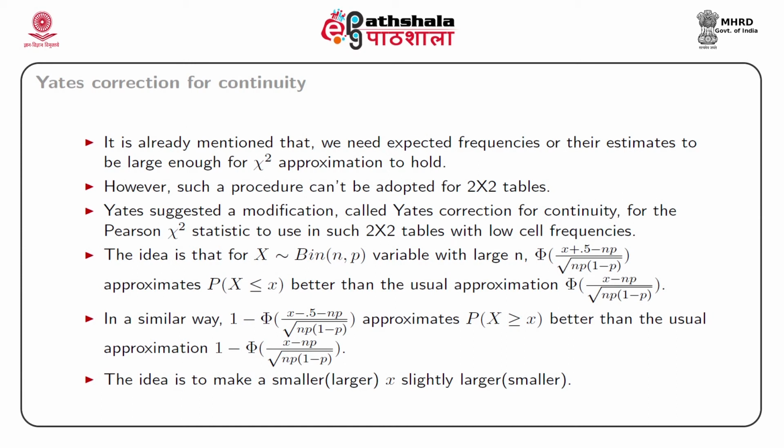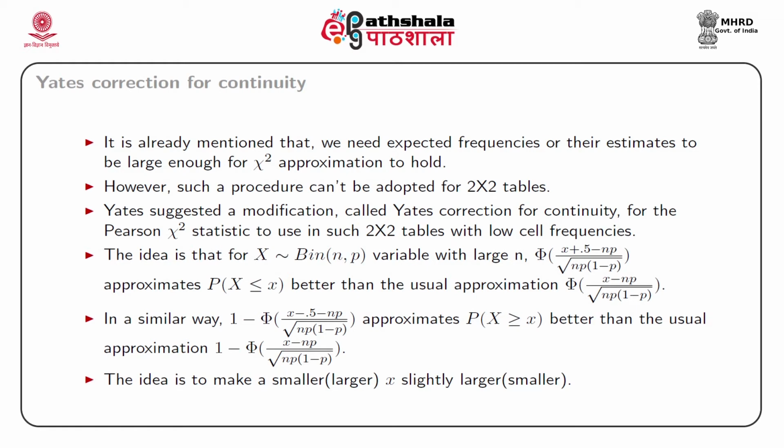The idea is that for X having a binomial distribution with parameters n and p, for large n, we approximate probability X less than or equal to x by capital phi of x minus np divided by square root of np multiplied by 1 minus p. But a better approximation is capital phi of x plus 0.5 minus np divided by square root of np into 1 minus p.